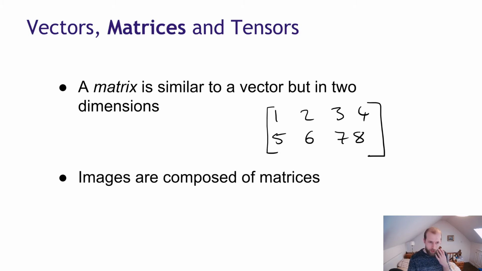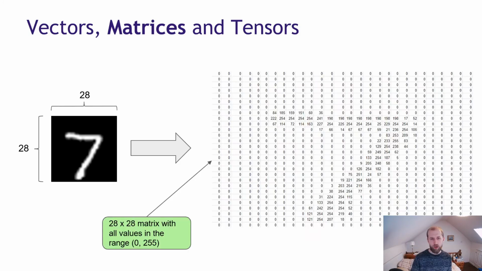There's no restrictions in place on that size. And the place that you're going to see this the most is with images. So here is an image of the number 7 from the MNIST dataset, which I think Matt has already shown you. And this is a matrix which is 28 wide and 28 high. So there's 28 columns, 28 rows. And for any image, the pixels that are black are going to appear as a 0, as we've got here.